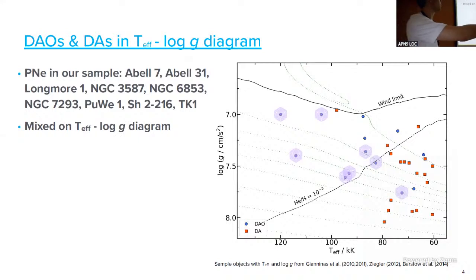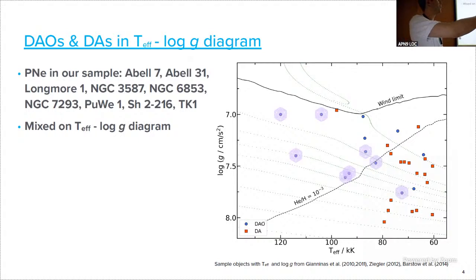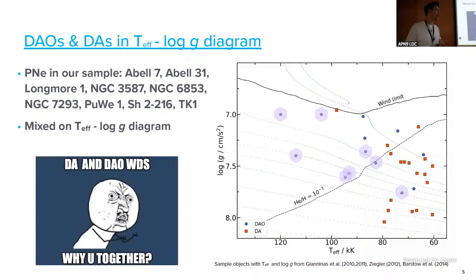But as we can see, DAO and DA white dwarfs, hybrid and hydrogen-rich white dwarfs, reside in the same region. So why is this the case? Is there anything wrong with the theory? Is there anything wrong with the observations? Or is there something that we don't know?